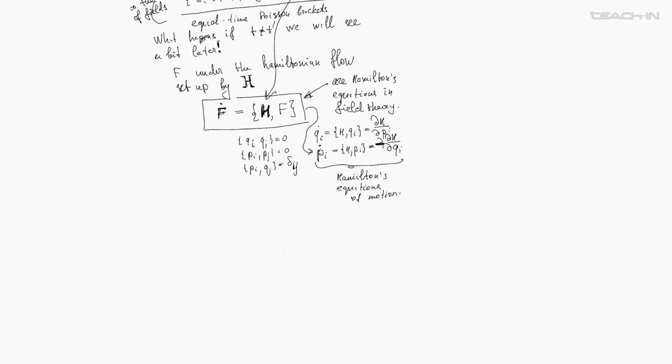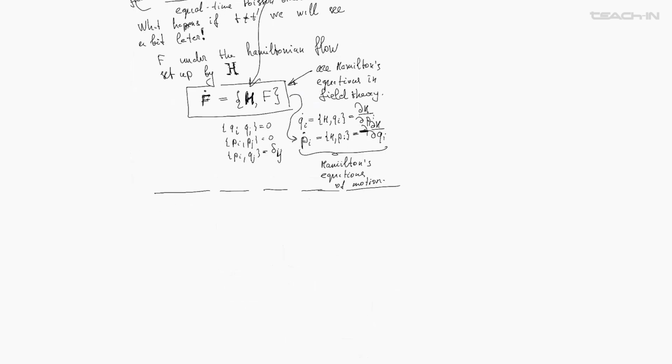And now we can look at the following question. If you remember, the general expression for the Noether charge, which we got from the Noether theorem, is given by the following formula.